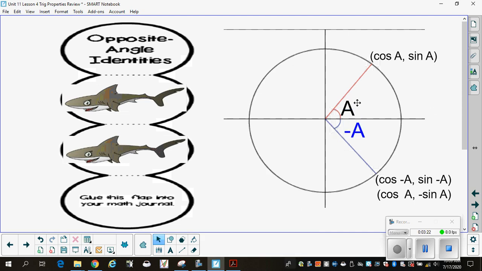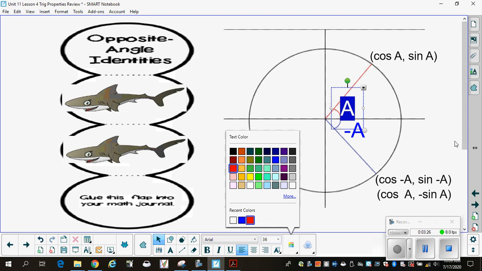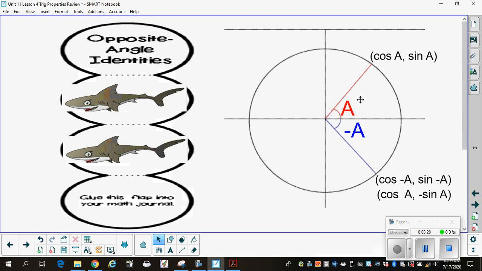When you're looking at things, sometimes it helps when it's color coordinated. So we have angle A. Well, if this is the unit circle, meaning that the hypotenuse, or the radius, is equal to 1, then the x-coordinate is the cosine of A and the y-coordinate is the sine of A.